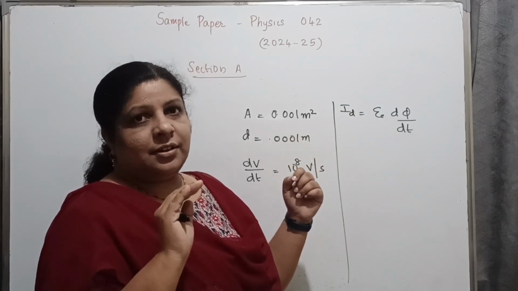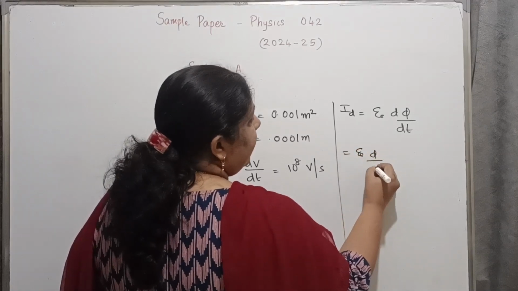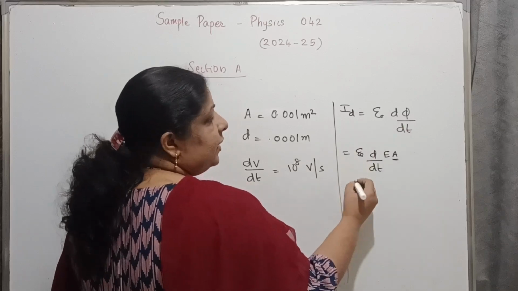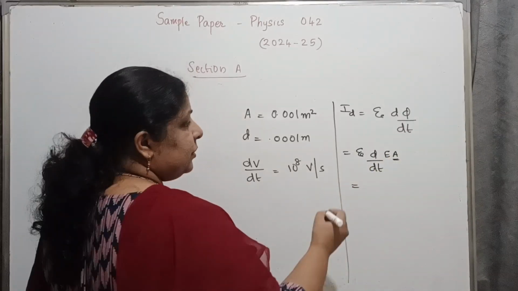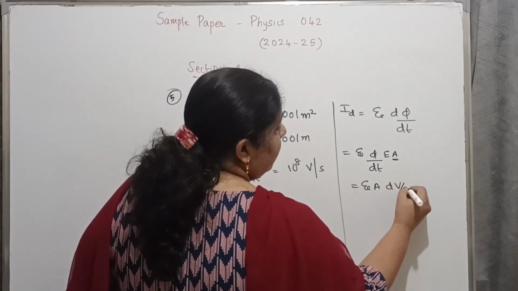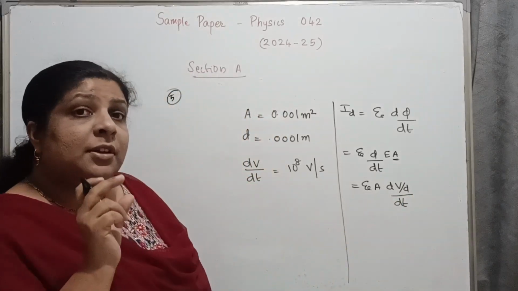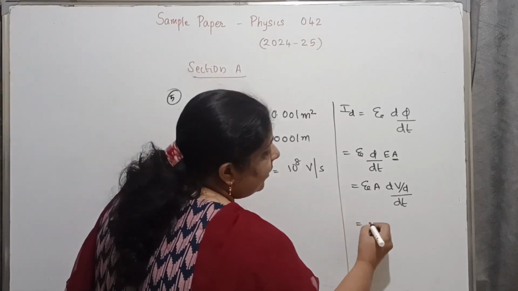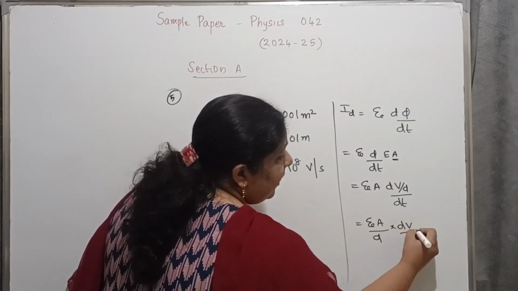So epsilon naught into d by dt of E dot A. Area I will take outside the differential, and for E I will substitute V by d. So epsilon naught A into d by dt of V by d. And here d, the distance between the plates of a capacitor, is also a constant, so I will take that also outside. So epsilon naught A by d into dV by dt.